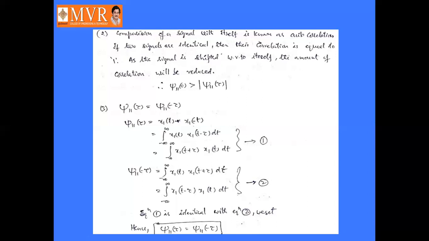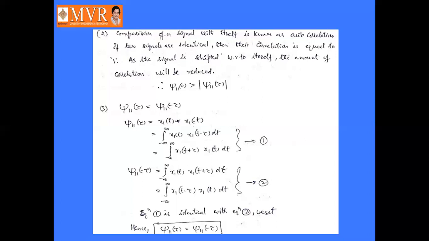By the convolution definition, we can write this as the integral of x1 of t into x1 of t minus tau dt, or we can write this as the integral of x1 of t plus tau into x1 of t dt, that is equation number 1.